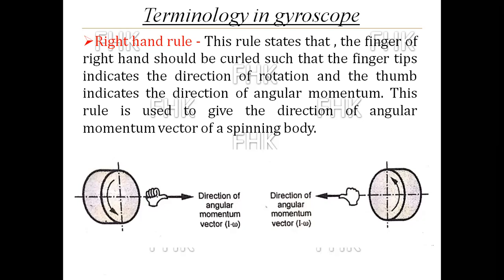You have to fold all the fingers in such a way that the curling fingers show the direction of rotation of the rotor. At that time, the thumb will indicate the direction of angular momentum. This is towards the left. This right hand thumb rule is used while solving numericals to find out the direction of the angular momentum vector.